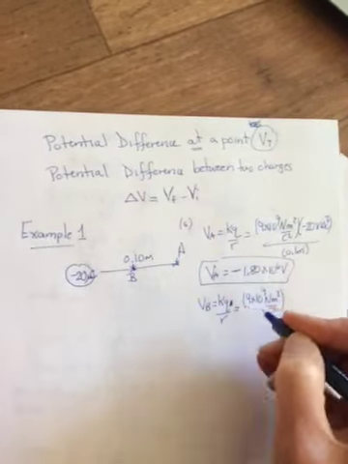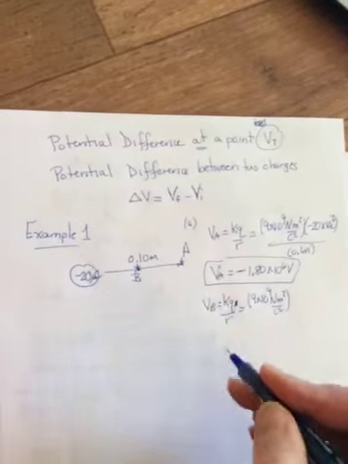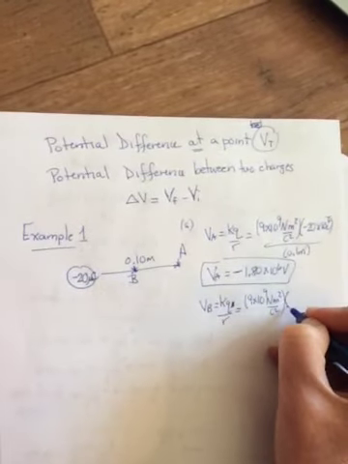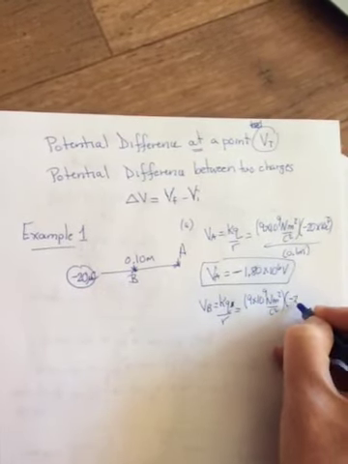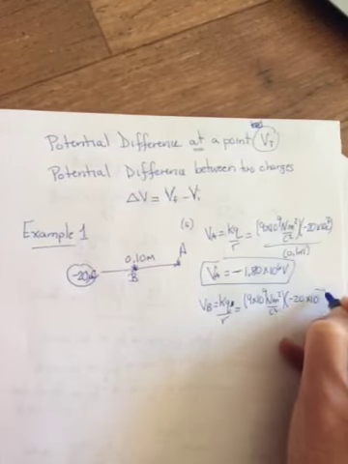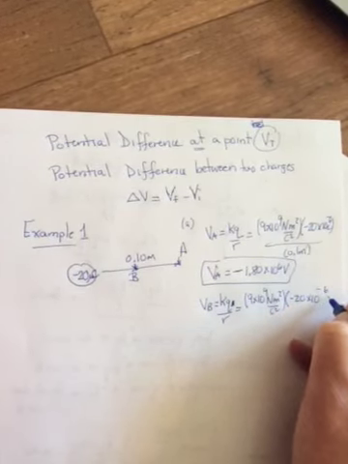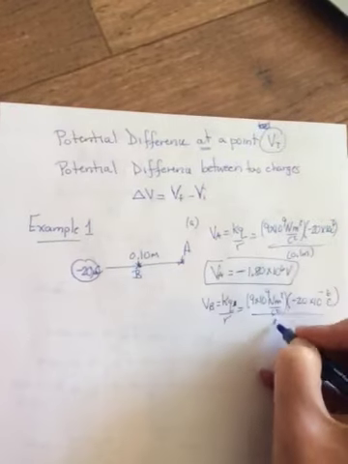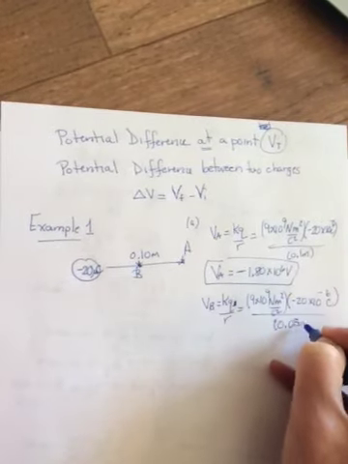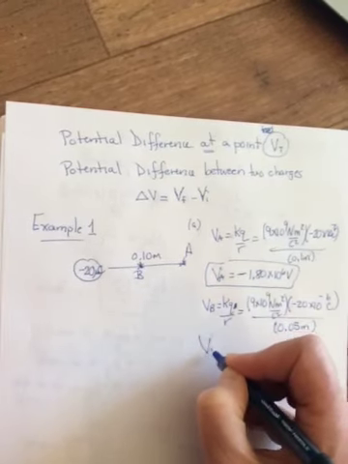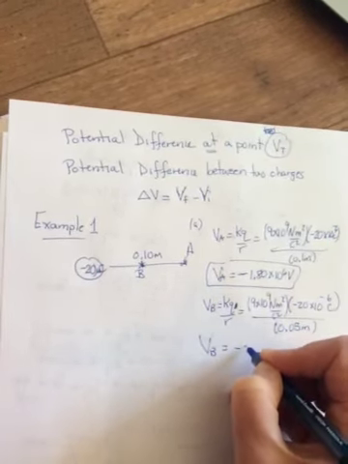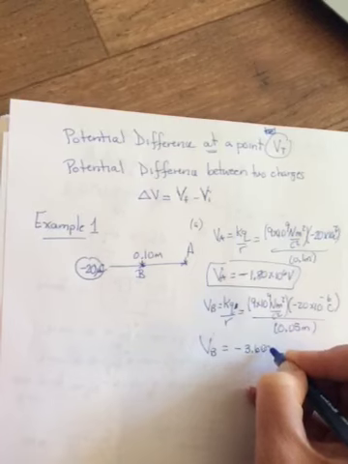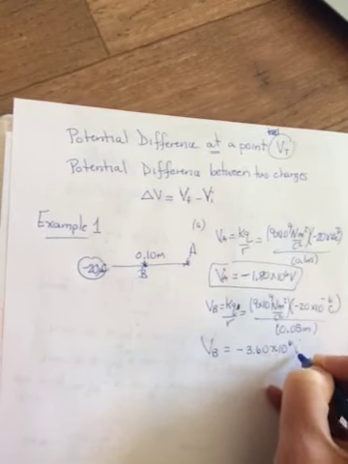Remember, the Q on the top is the source. That should not have put that B in there. The Q is negative 20 times 10 to the negative 6 coulombs. And this time it's halfway, it's 5 centimeters, so 0.05 of a meter. So VB will be equal to negative 3.6 times 10 to the 6 volts.